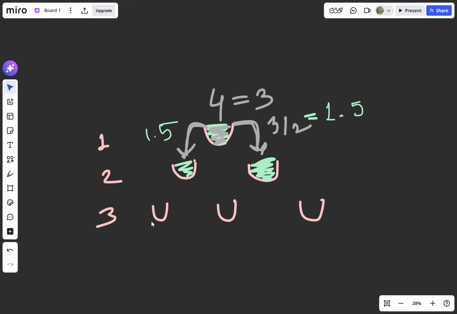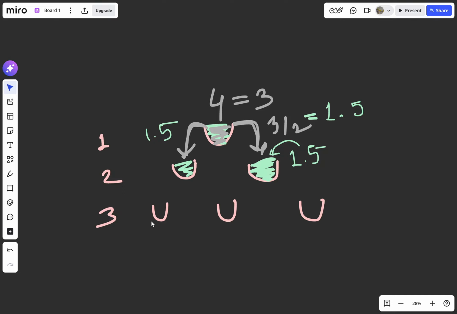Now only if this glass is full will we pour into the next ones; otherwise this remains 0, meaning empty. So if this 1.5 is greater than or equal to 1, then it will pour into the next.